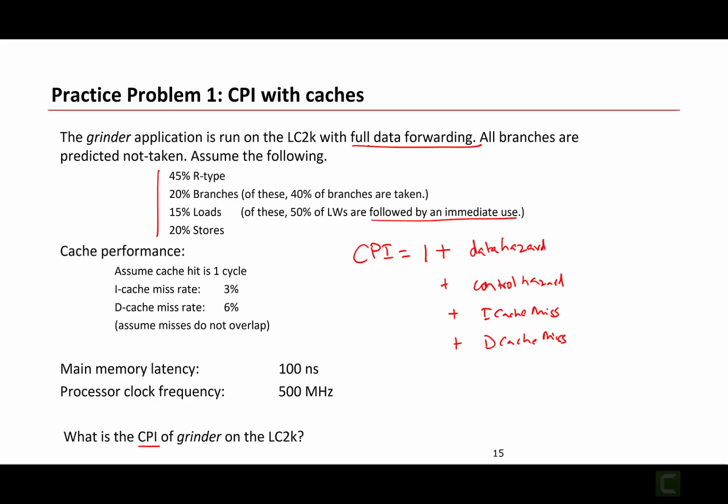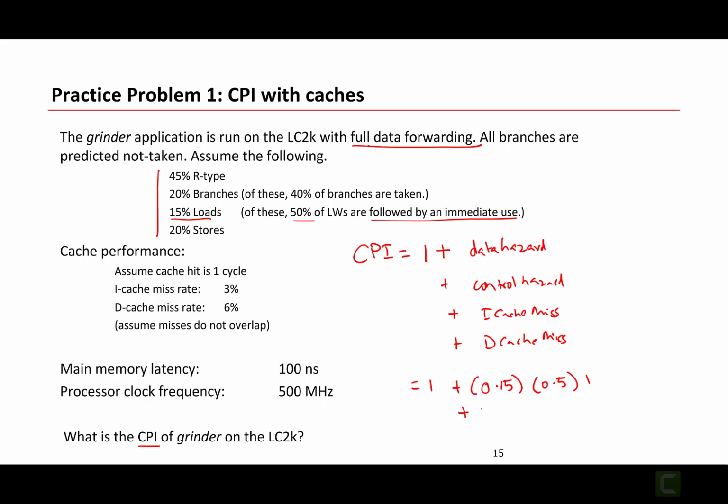For this problem, we are given that 15% of instructions are loads, and of those loads, 50% have this pattern where it's immediately followed by a use. So the data hazard penalty would be: I have 15% of loads, of them 50% have an immediate use, and the penalty when this happens is 1 cycle, because you need to stall the pipeline for an additional cycle.